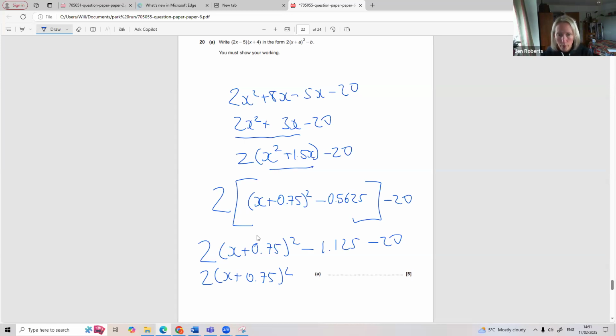Minus 1.125, take away 20 is minus 21.125. You may have it in fraction form, in which case it would be, well, 3/4 inside your first bracket and 169 over 8 for that number on the outside.